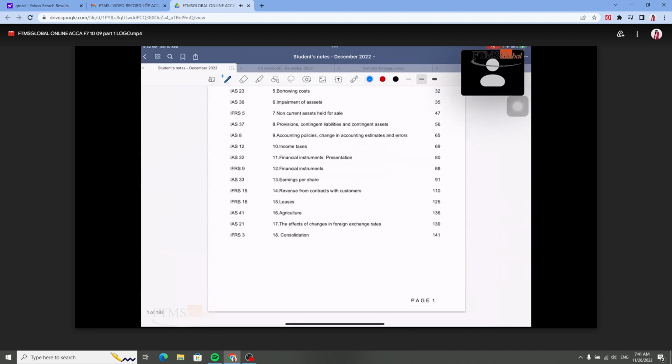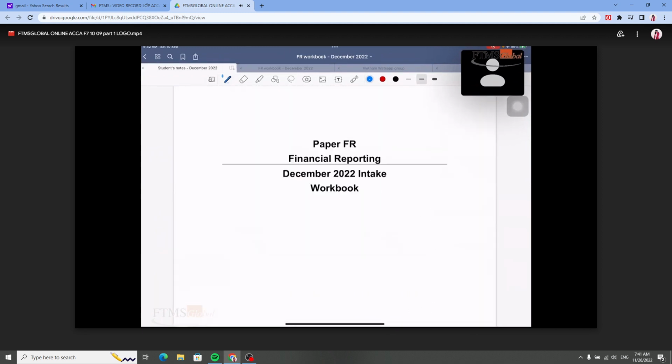So what you should be expecting in your exam is three sections, which I call section A, then section B, and section C. So three main sections.